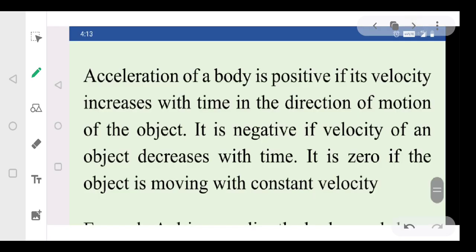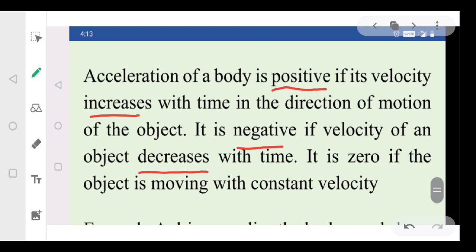Now let us do one numerical based on acceleration. Before doing the numerical, as I already told you, acceleration of a body is positive if the velocity is increasing with time. It is negative if the velocity is decreasing with time.